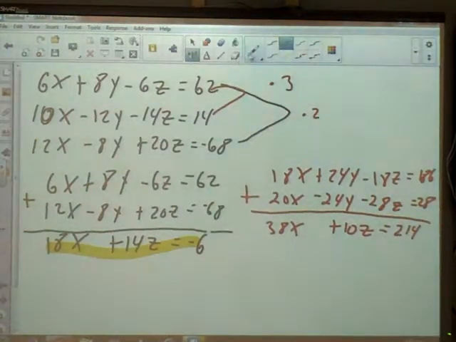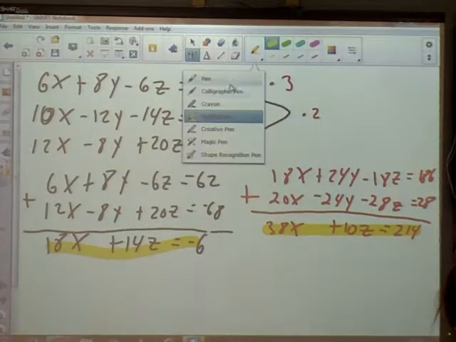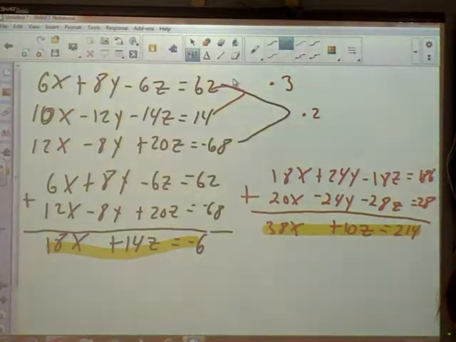Alright. So if we're stuck somewhere, check those equations and see what we've got. It was in the original equation. That's 62.